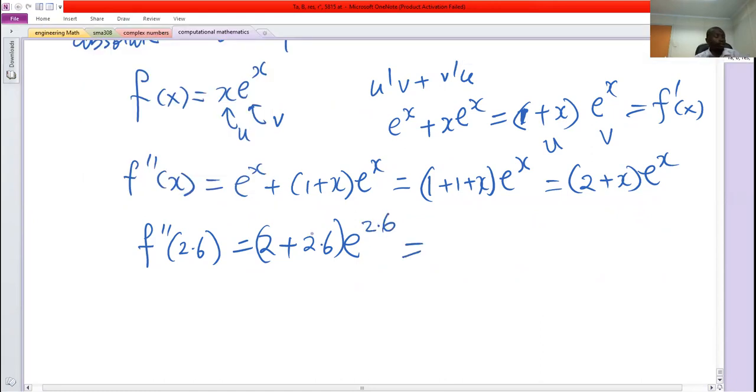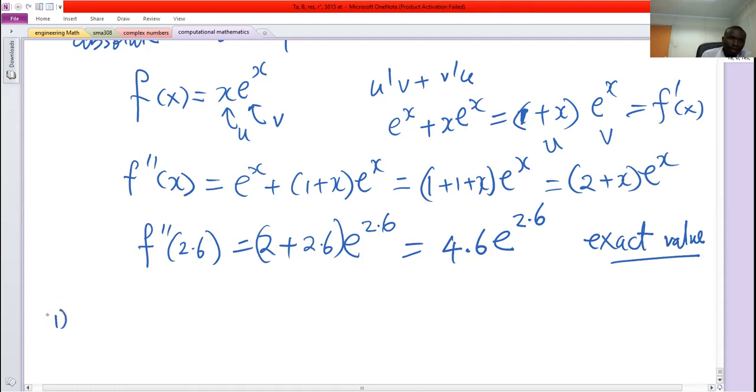So 2 plus 2.6 is 4.6. So 4.6 e raised 2.6. So this is the exact value of the second derivative of the function at 2.6.